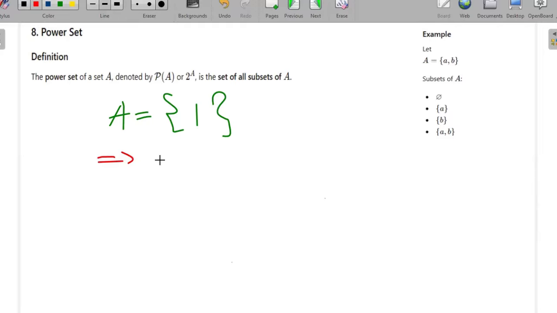So the number of subsets is 2 to the power n, where n is the number of elements. This set only has one element, so 2 to the power 1 is equal to 2. It means this set has two subsets. So what are those subsets? Anyone who can try? What are those two subsets that this set is going to have?